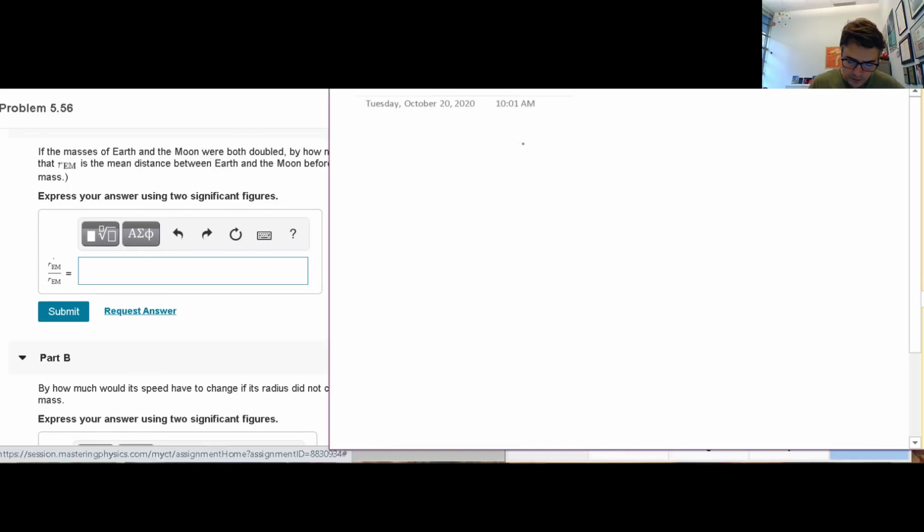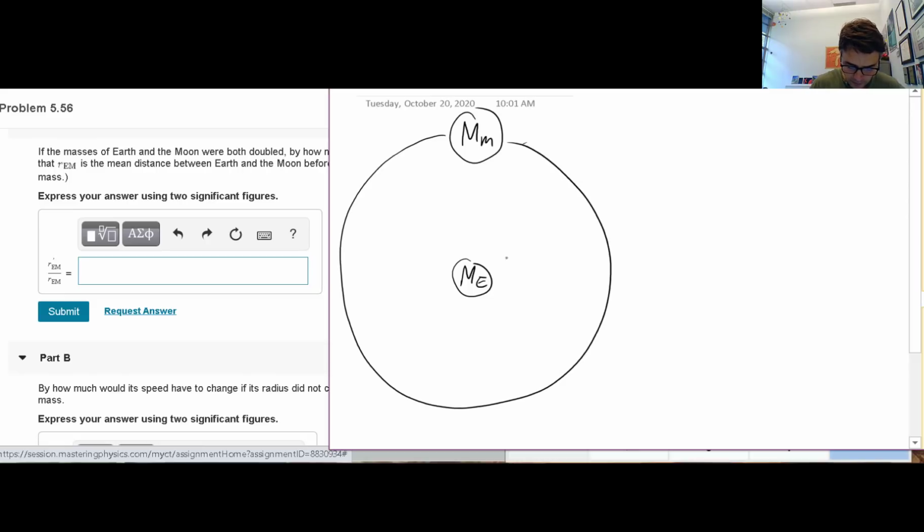Okay, no problem. So what we're going to do, here is the Moon, with the mass of the Moon. And down here is the Earth with the mass of the Earth. The Moon is going around the Earth in a big circular path with radius REM, without the prime, because this is when they have their normal masses. And the Moon is traveling at a speed v. We define this direction to be the plus r direction.